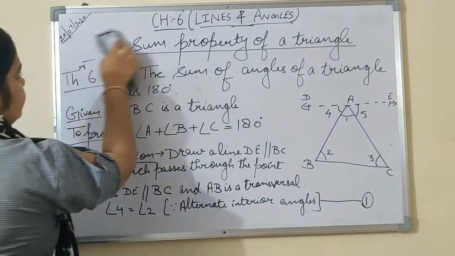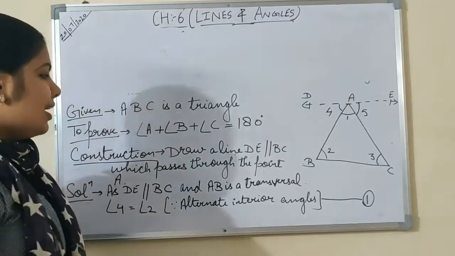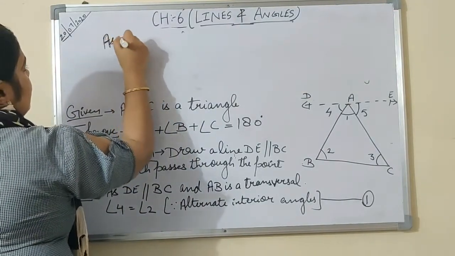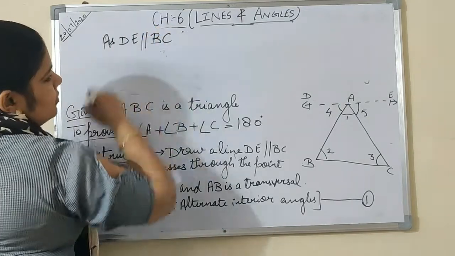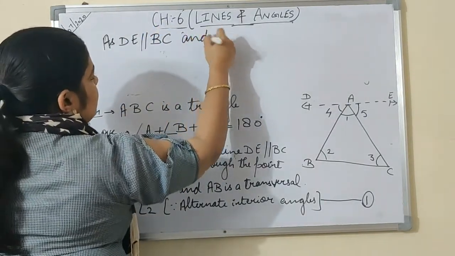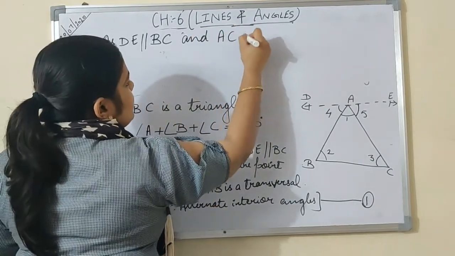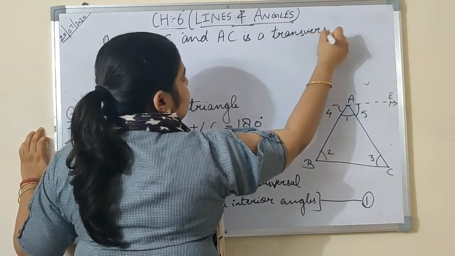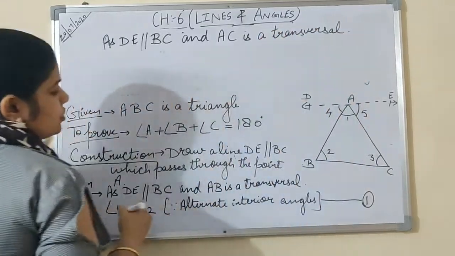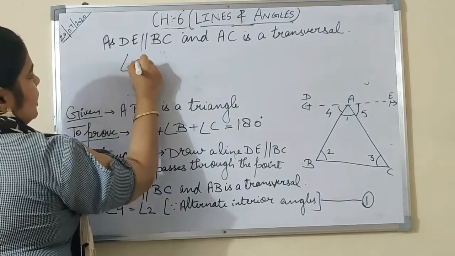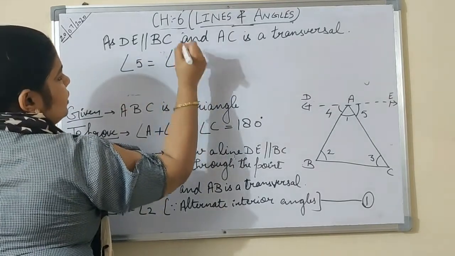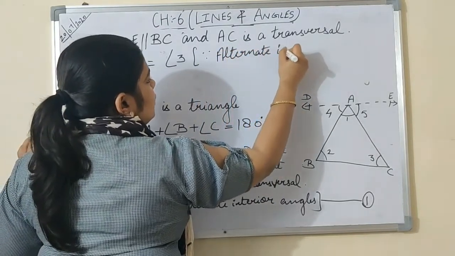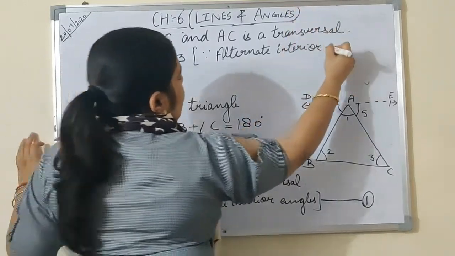So I am writing over here: as DE is parallel to BC and AC is acting as a transversal, angle 5 is equal to angle 3 because of alternate interior angles.